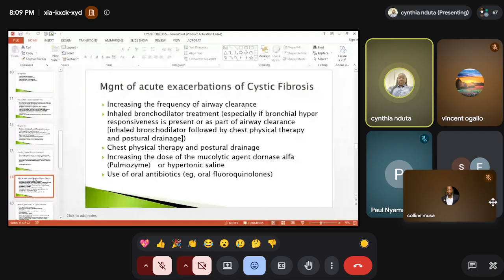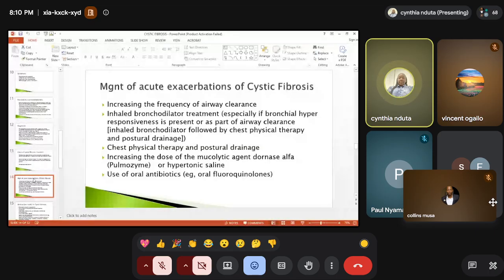You might require some inhaled bronchodilator treatments. And one of the most helpful things is chest physical therapy so that they are able to activate the chest so that it can remove the excessive mucus. So chest physiotherapy becomes a very, very useful tool for these patients.